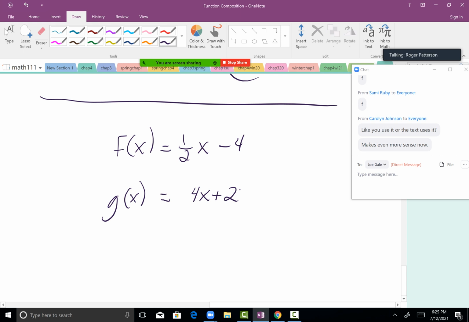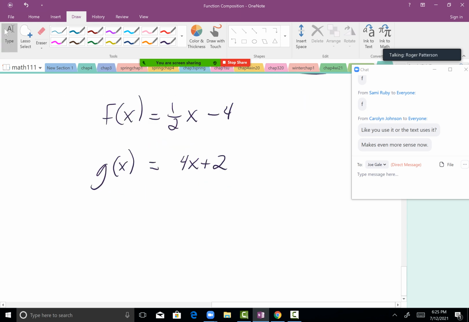Okay. So now we're actually going to do function composition, but we're going to substitute functions in rather than values in. So what do I mean by that? So we're going to do something like this. So now we don't have a number anymore, right? We have f of g of x.